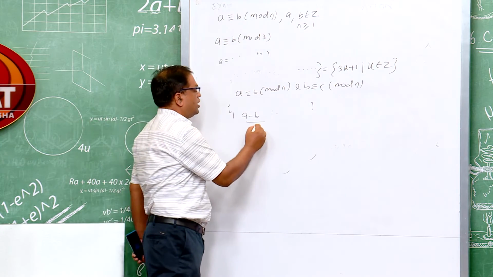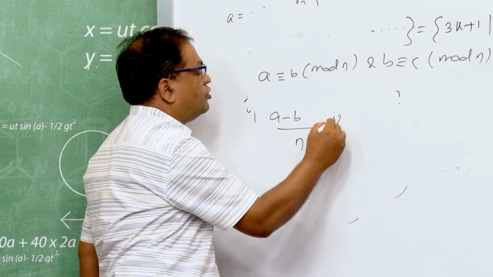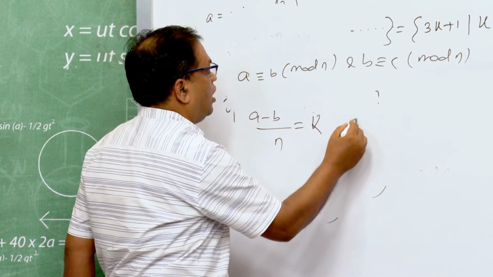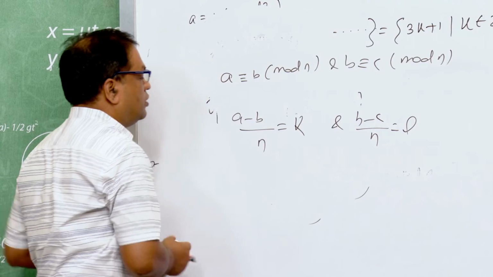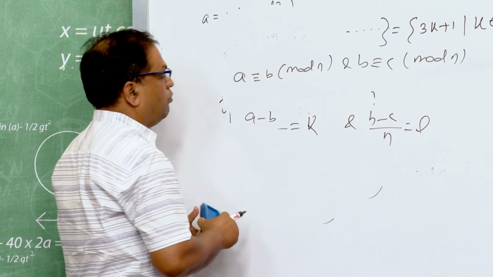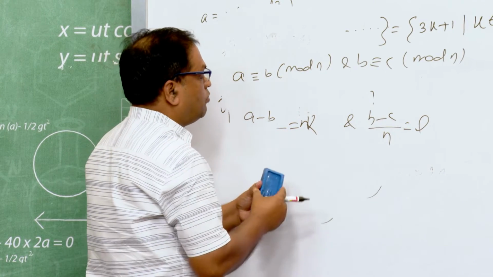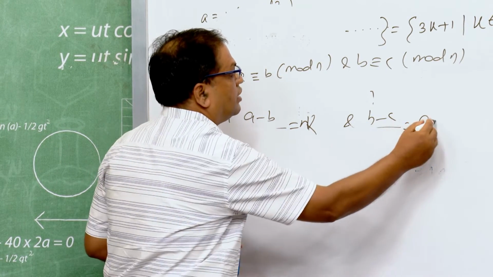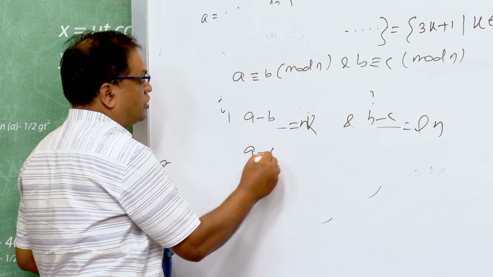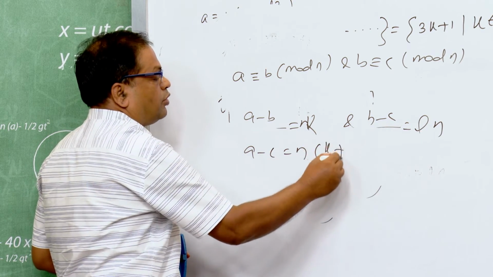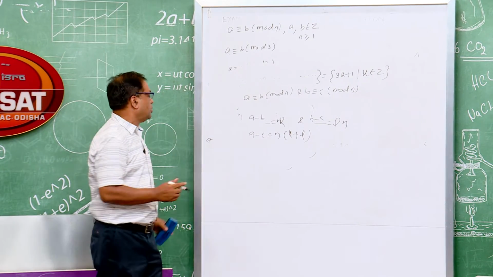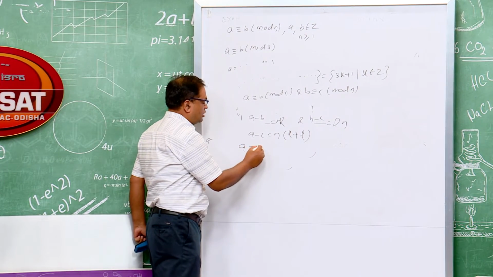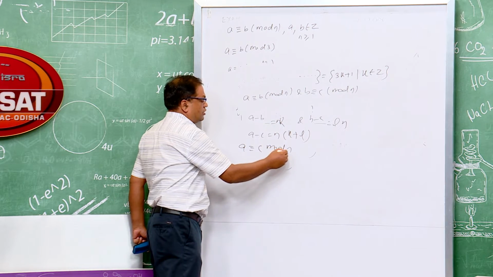So, A minus B by n is equal to k and B minus C by n is equal to L. So, A minus B will be n k and B minus C will be n L. Now, if you add, then A minus C will be n into k plus L, which I have already explained to you. So, A is congruent to C mod n.